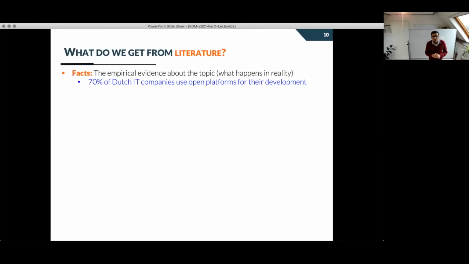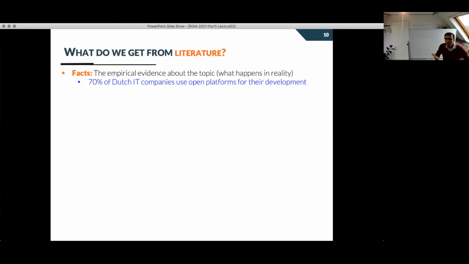First, you can collect a lot of facts. If my thesis is about the adoption of open platforms, I may read this fact in one of the papers, and that's interesting for my own research because, for instance, it shows the relevance, the importance of my work.